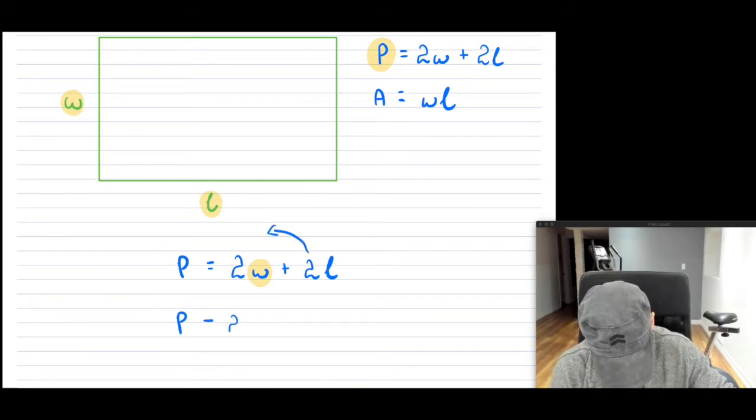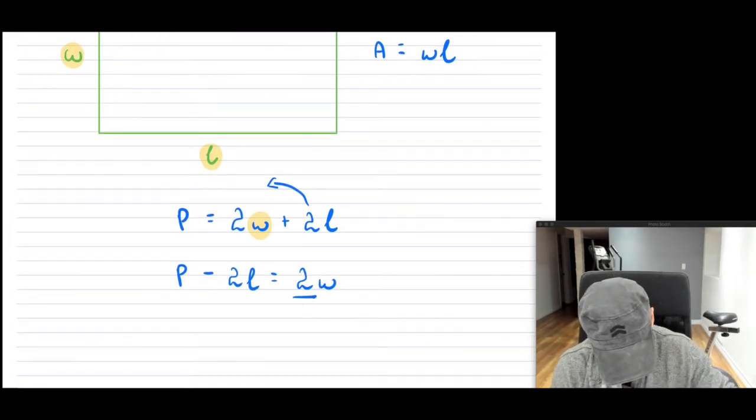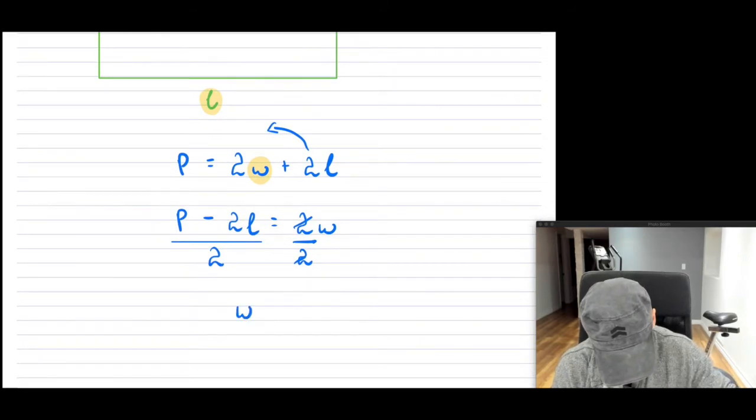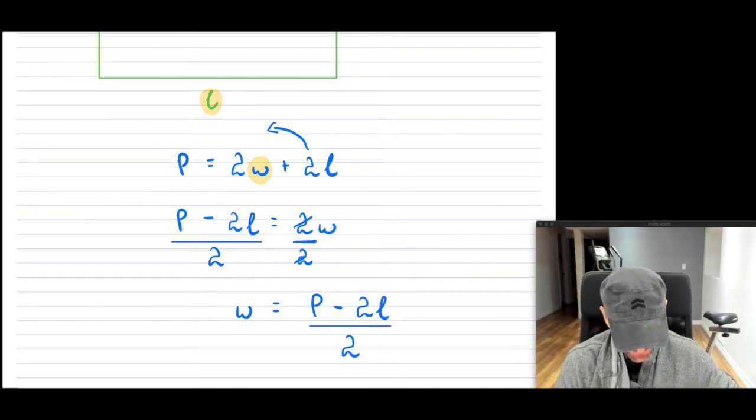So this is P minus 2L is equal to 2W. Now dividing both sides by 2, that will cancel, and I'm going to get that my width is equal to P minus 2L divided by 2.